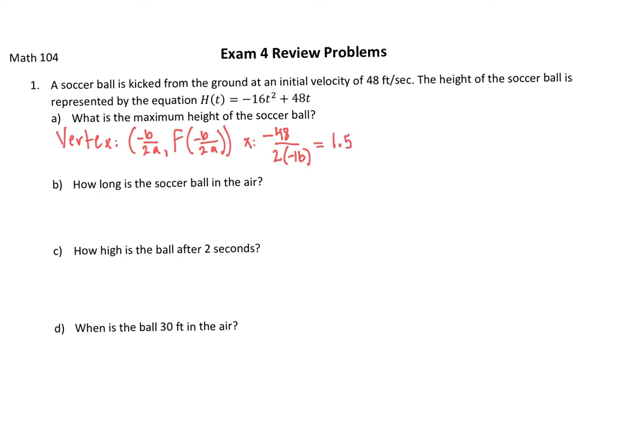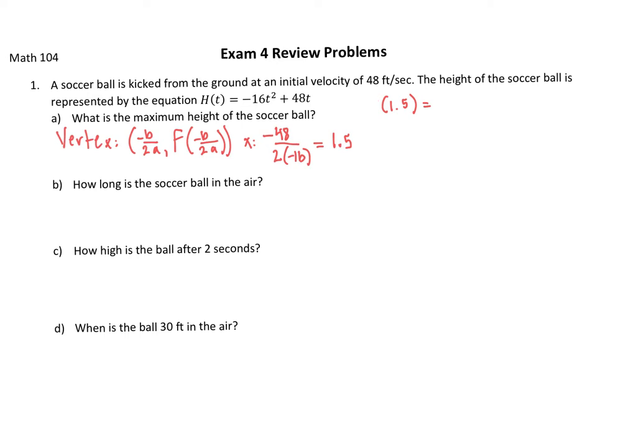Now 1.5 is not our maximum height. It is the time it takes to get to our maximum height. So that is the x value of the vertex. To find the y value of the vertex or the actual maximum height, we need to just plug that 1.5 into the function. And actually, I don't have an f or an x.